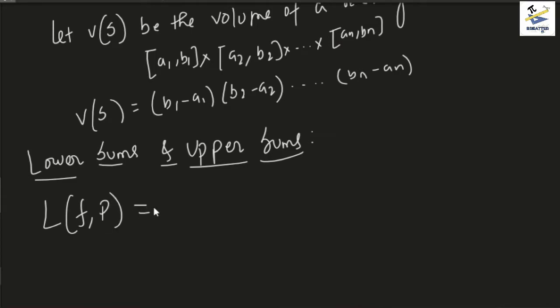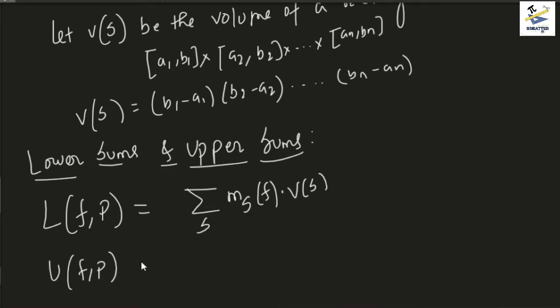L of f corresponding to the partition P is basically the summation over the subrectangles S, over all such subrectangles S, of m_S of f multiplied by the volume of S. And similarly the upper sum is basically the summation over S of capital M_S of f multiplied by V of S, right?